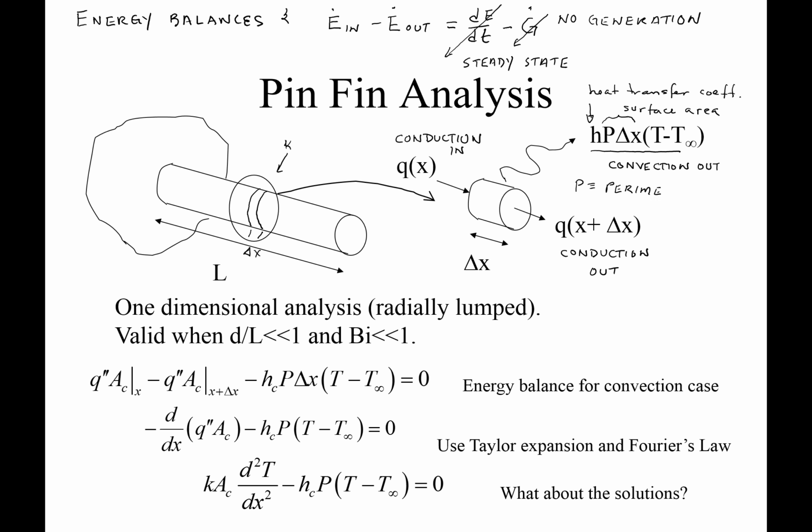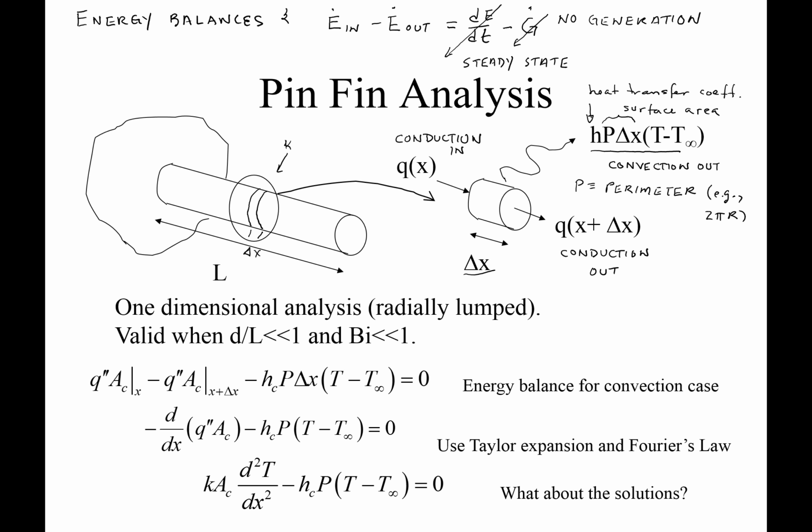So for the cylindrical case, it's just 2 pi r. Delta X is the thickness of this differential element. So again, the surface area would be the perimeter, 2 pi r, times delta X. And of course, it's proportional to the temperature difference, T minus T infinity.